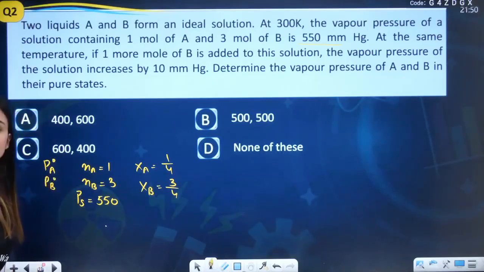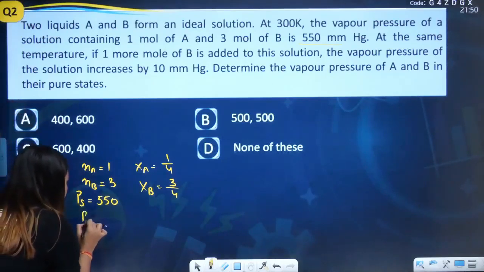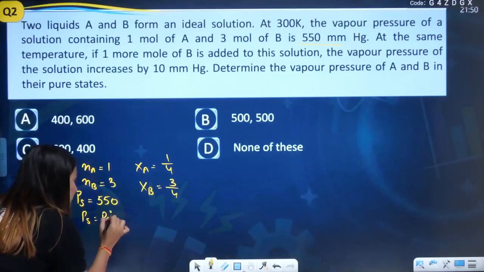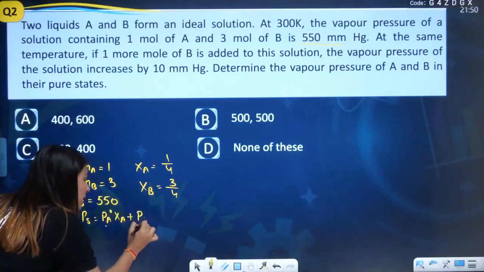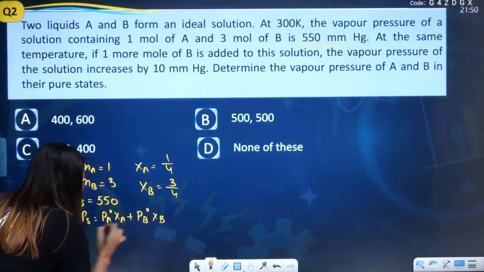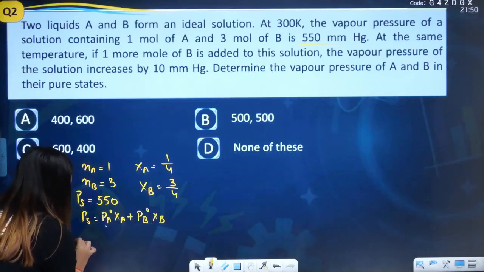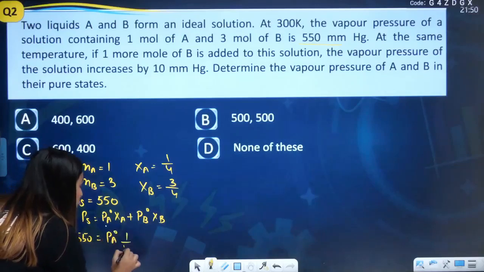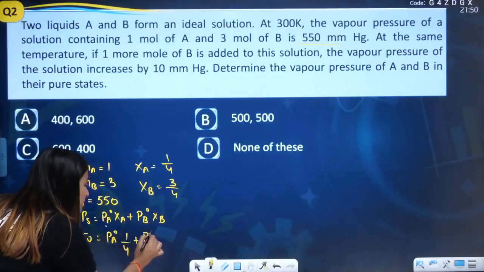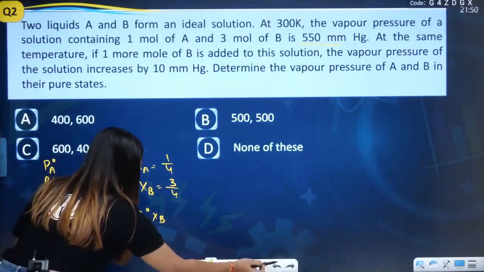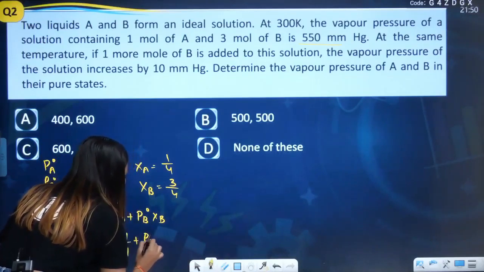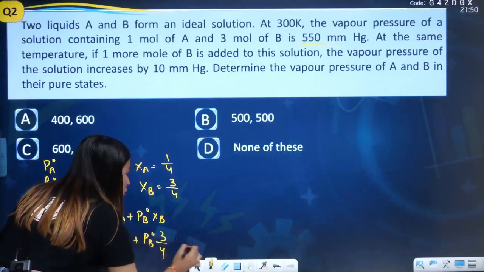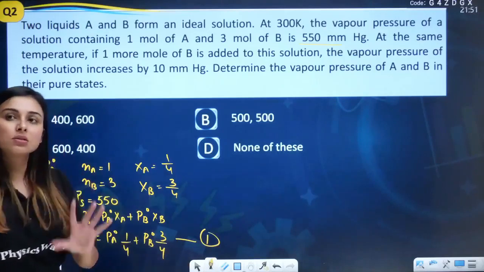So from this I can say that PS is equal to PA naught XA plus PB naught XB. So 550 is equal to PA naught into XA, which is 1/4, plus PB naught into XB, which is 3/4. So this is your first equation.